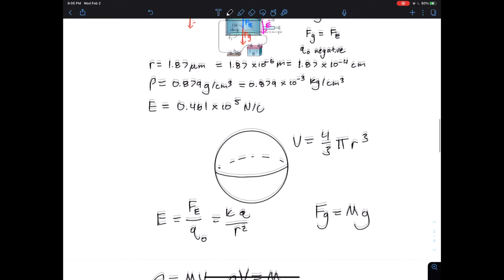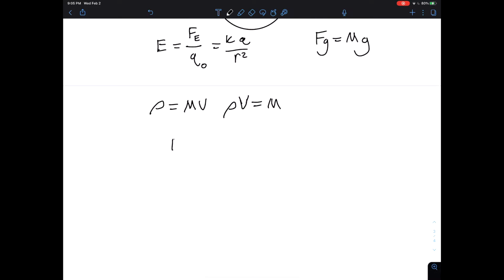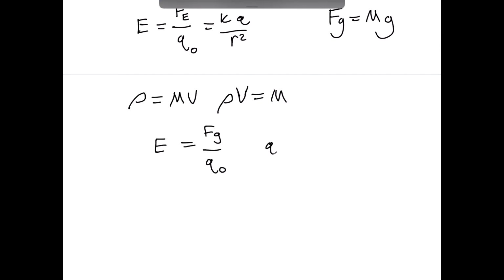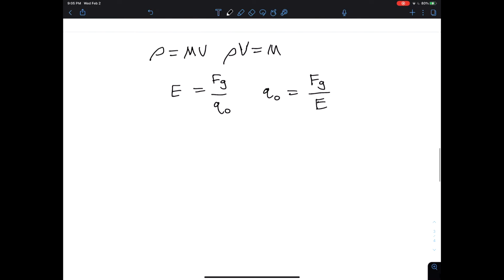Now, since our force of gravity is equal to our electrostatic force, we can rewrite this E equation as the electric field equals the force of gravity over the charge. And rearranging that, you get the force of gravity over the magnitude of the electric field is equal to the charge.